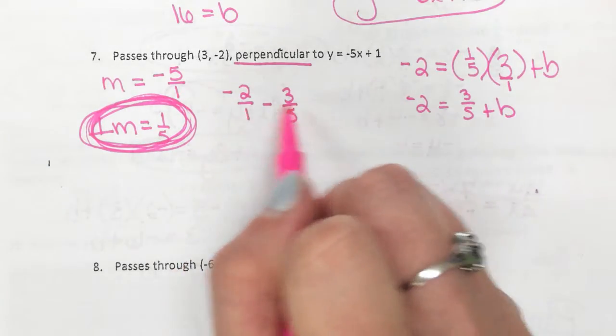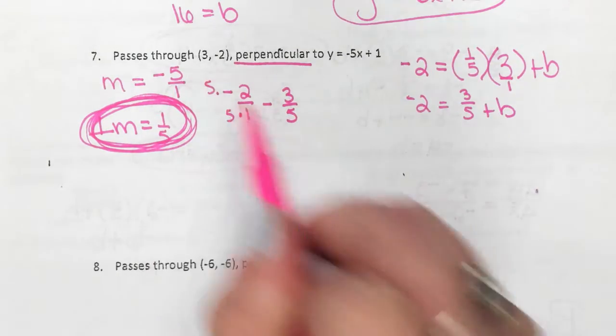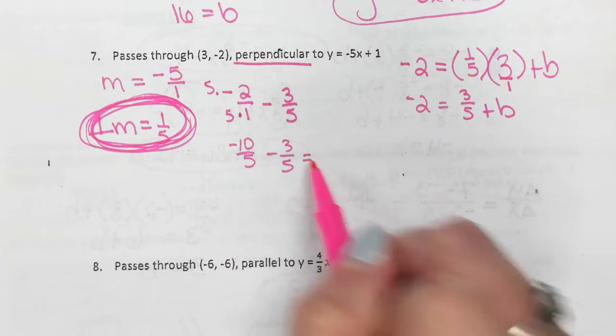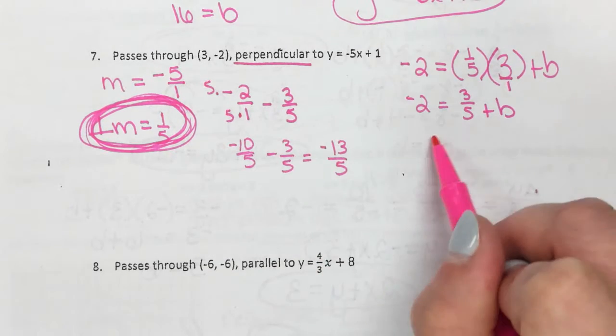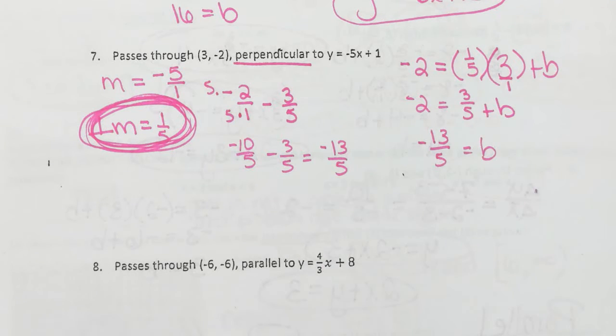Alright, what's the common denominator? 5. -10/5 minus 3/5. That gives me -13/5. Yep. You want to keep them as improper fractions, okay? Mixed numbers are not normally your friend. If you put a mixed number, it's not wrong. But when we get to certain things, mixed numbers will not be your friend. They're going to actually make your head hurt worse.